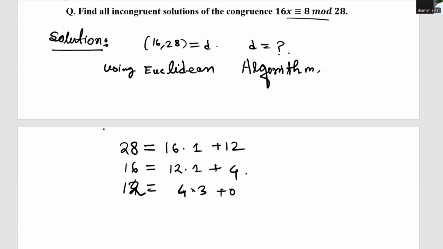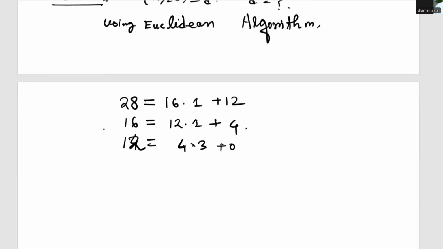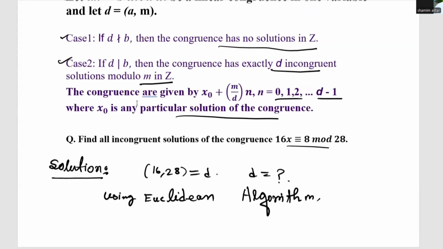By the Euclidean algorithm, 4 is the GCD of 16 and 28. So the GCD of 16 and 28 equals 4, and by the above method there are exactly 4 incongruent solutions of our linear congruence 16x ≡ 8 mod 28.